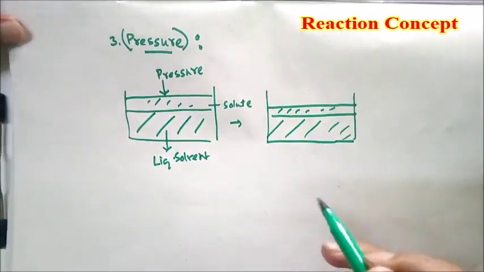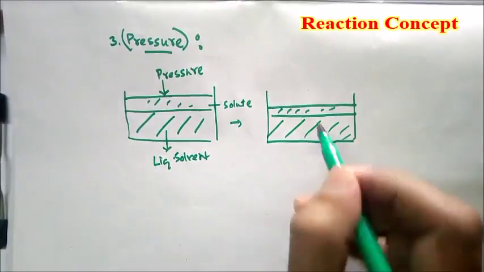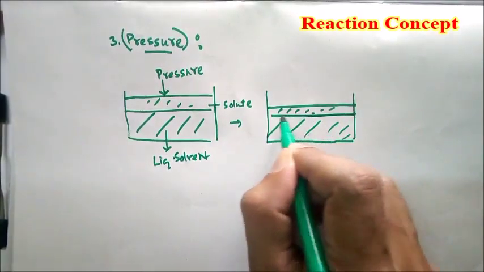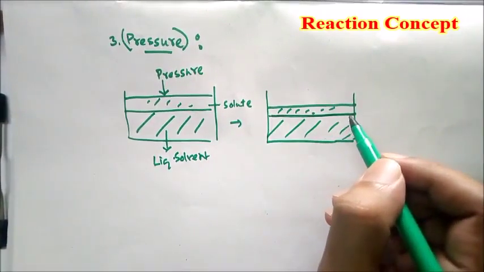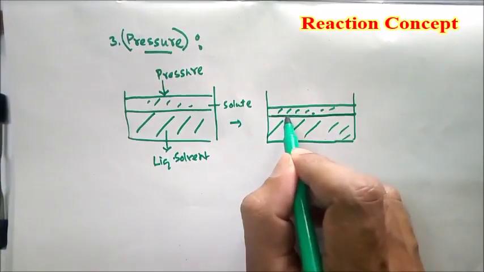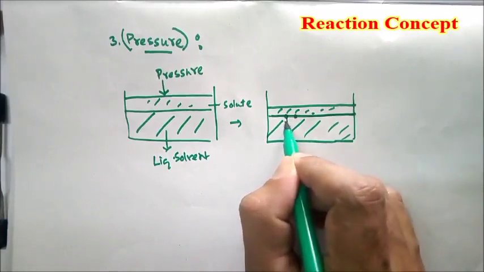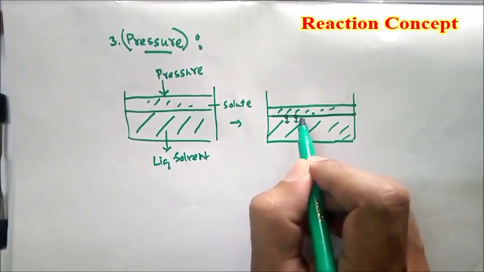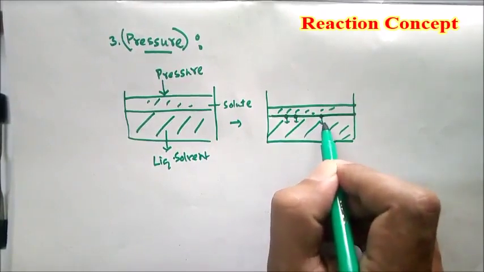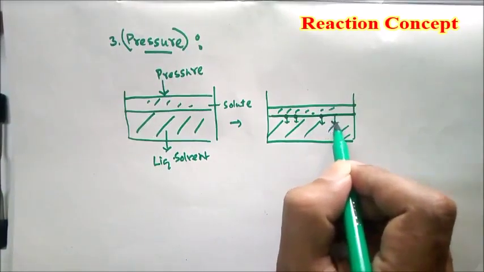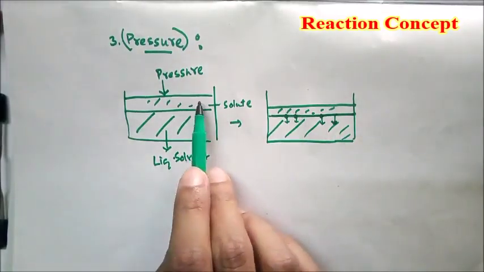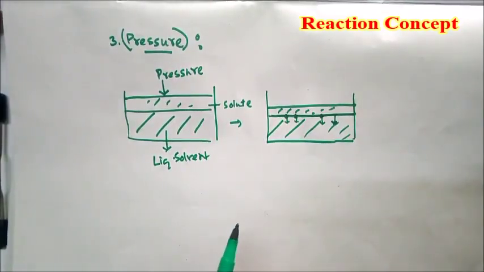As a result, the number of particles that come into contact with the surface of the liquid will increase. Since the number of particles in contact with the liquid surface will increase, those particles can also go into the liquid. As a result, solubility of this gas solute will increase.